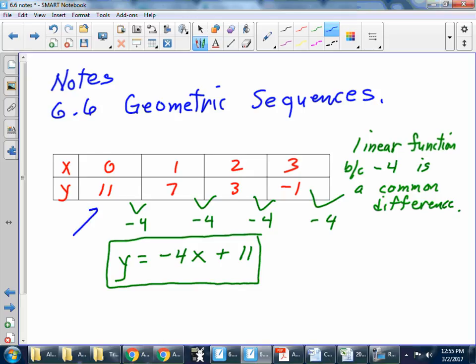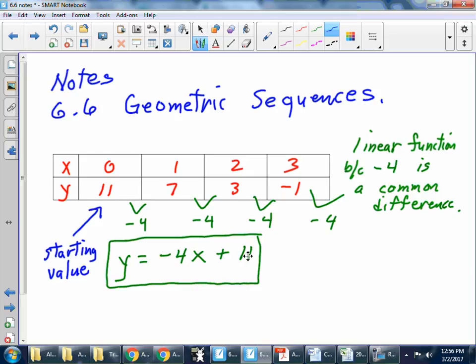Because 11 is the starting value, as someone said. So you look at the 0 term for x and you say, okay, that's the y-intercept or the initial condition or the starting value. Very, very important. And so the slope is -4, y equals -4x plus 11.